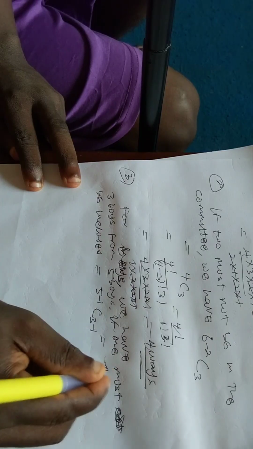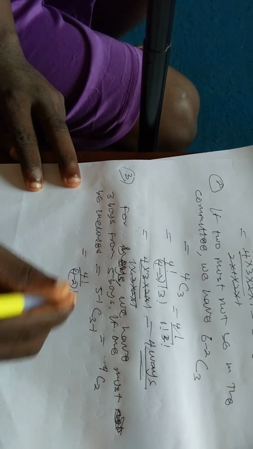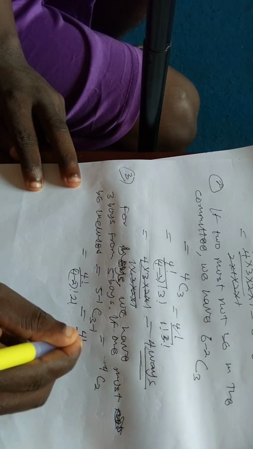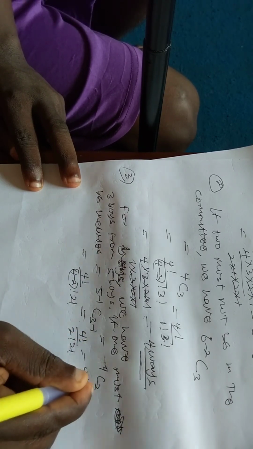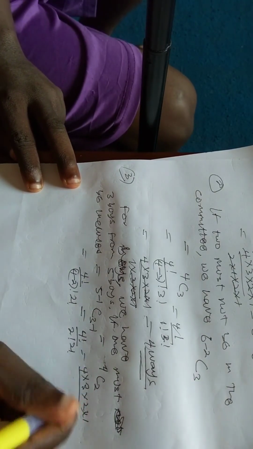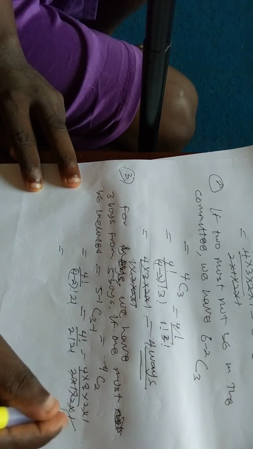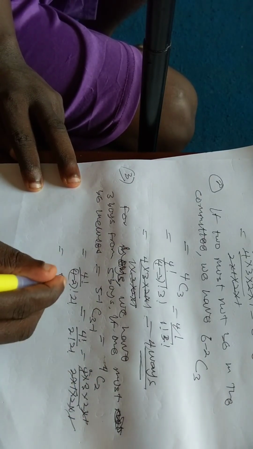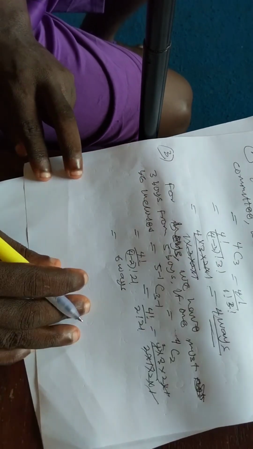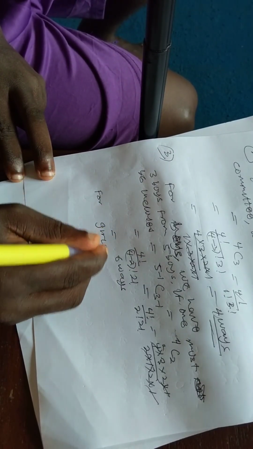Here it becomes 4 combination 2, 4 factorial over 4 minus 2 factorial times 2 factorial, 4 factorial over 2 factorial times 2 factorial, 4 times 3 times 2 times 1 over 2 times 1 times 2 times 1. So this cancels. Here is 6 ways for boys.